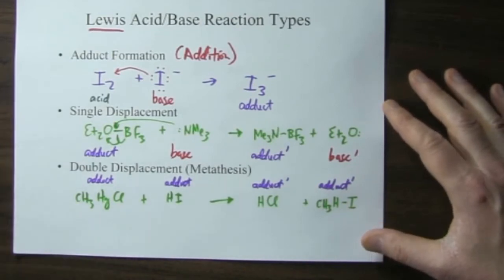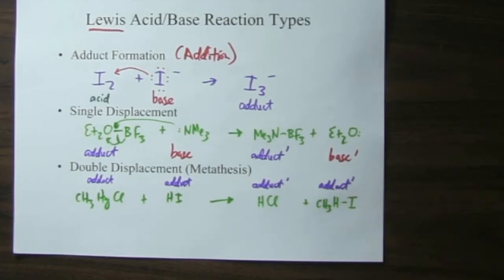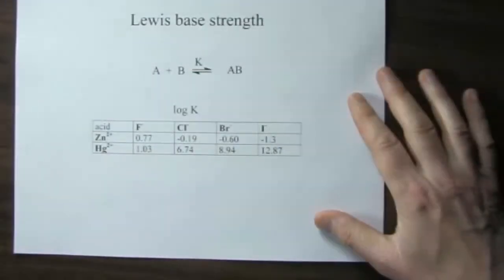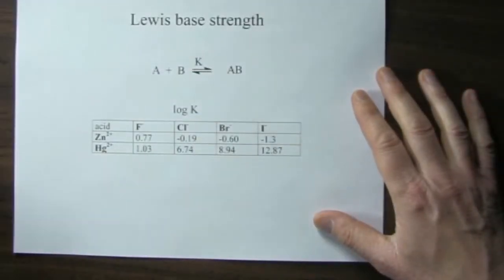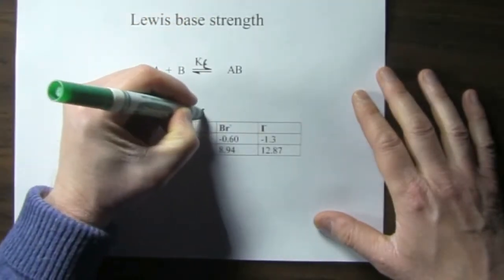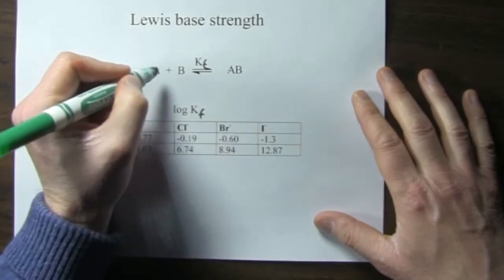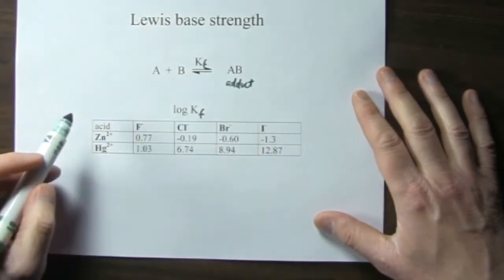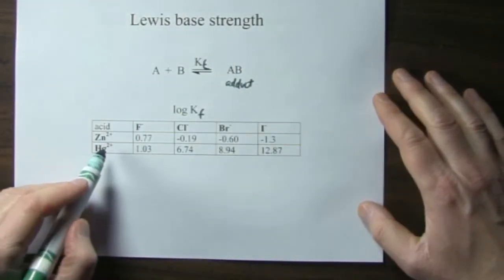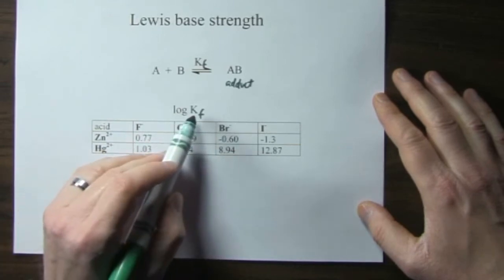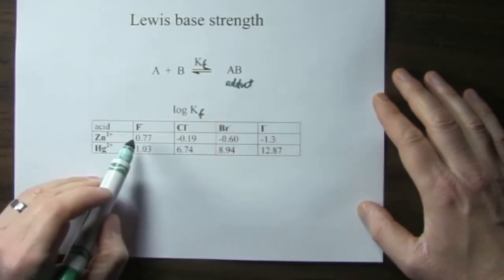Okay, so how can we predict Lewis acid-base reactivity? So this is just defining the possible reactions. We can look at equilibrium constants. In this case, the formation constant of the adduct. So we have acid plus a base to give the adduct. And here's some data that's been collected where the zinc is the acid, fluoride is the base, and that's the log of the formation constant to make the adduct.